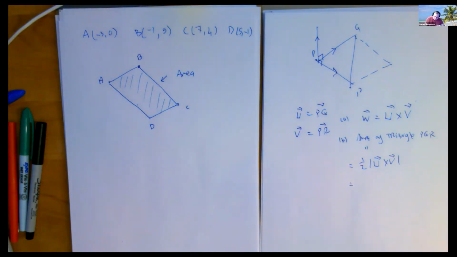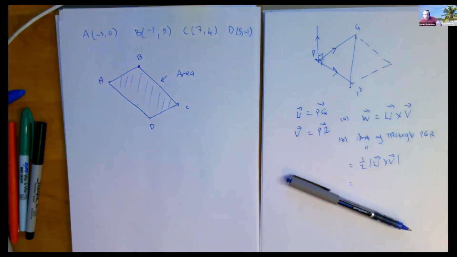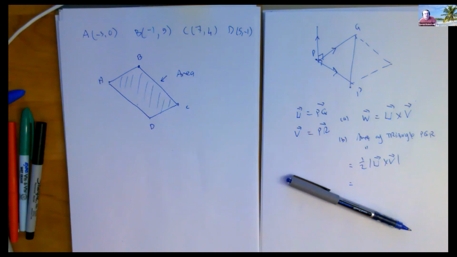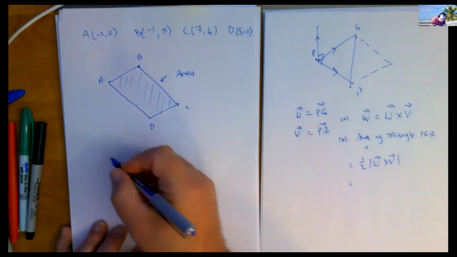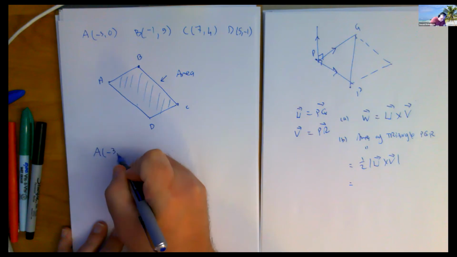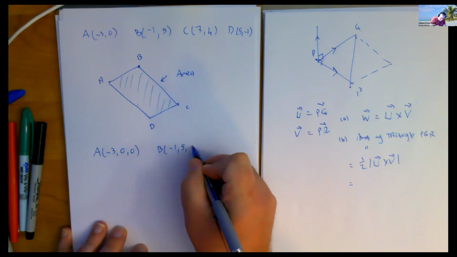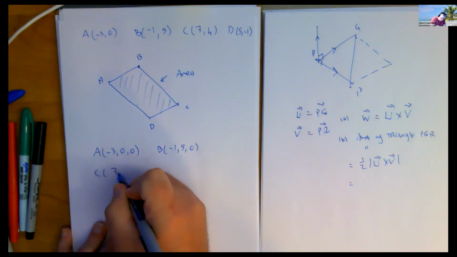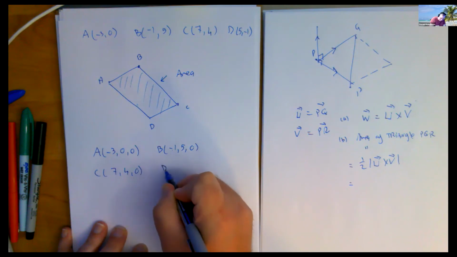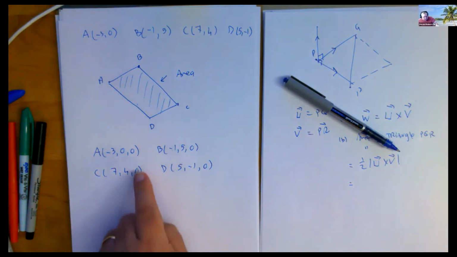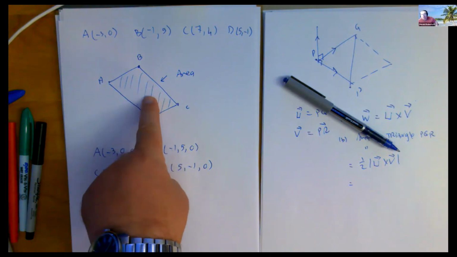So, to do cross products, don't you need three-dimensional information, not two-dimensional information? So, what I'm going to do: if I plotted these 4 points in 3 dimensions, wouldn't you still end up with that shape?